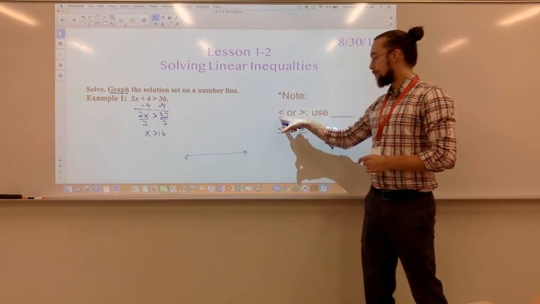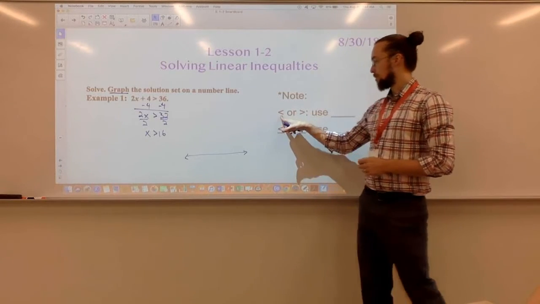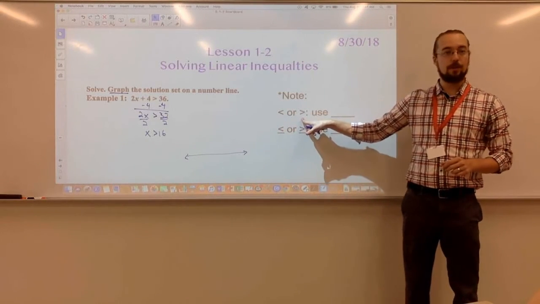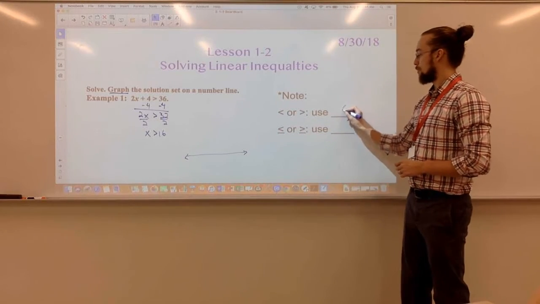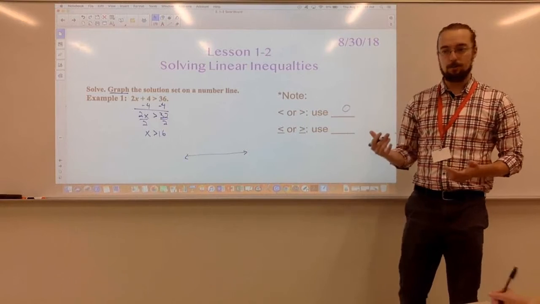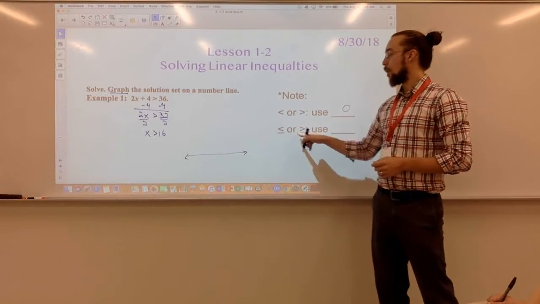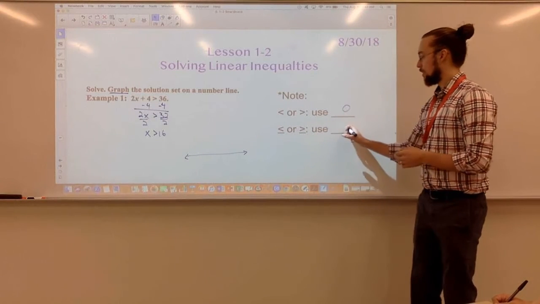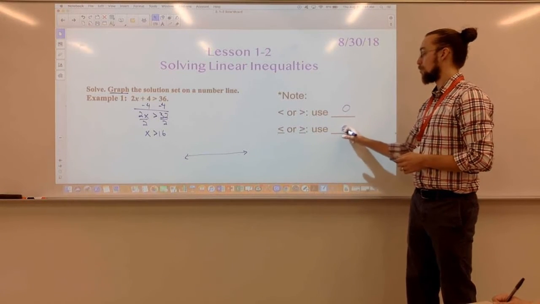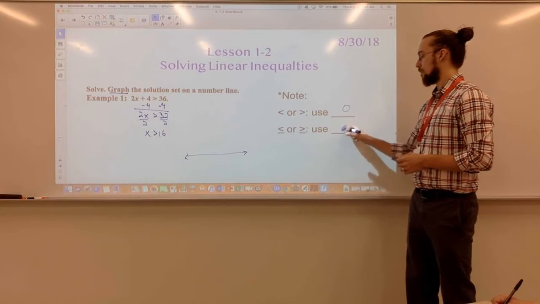If we have just less than or just greater than, without the little or equals sign, that's when we use an open dot on our number line. If we are including that point, we're saying it's or equal to, that's when we use a closed dot.